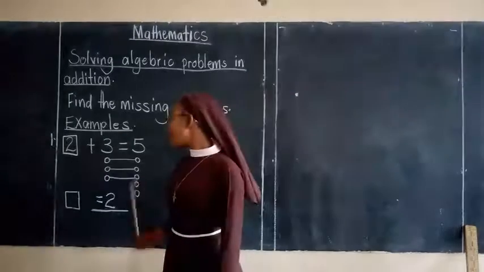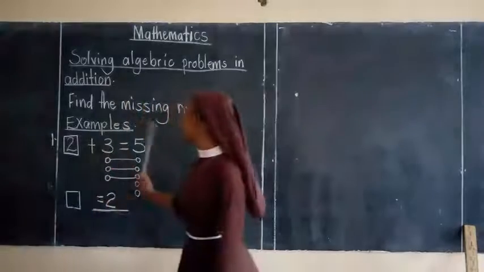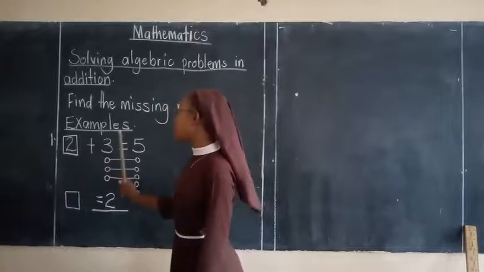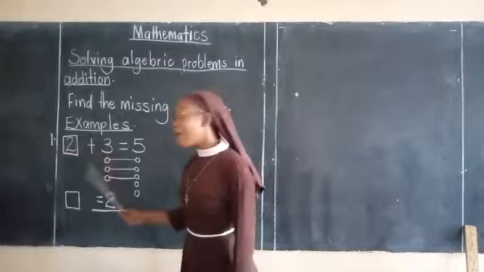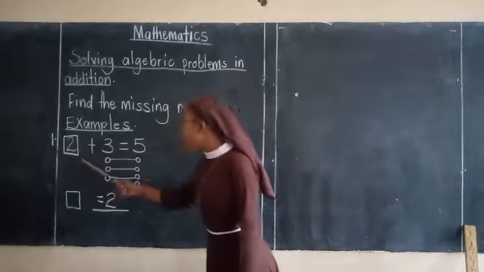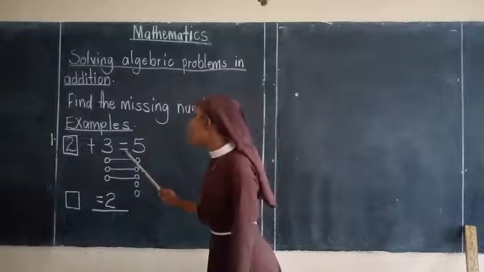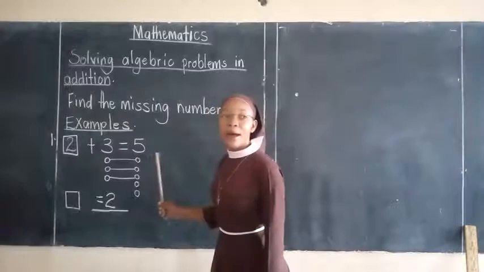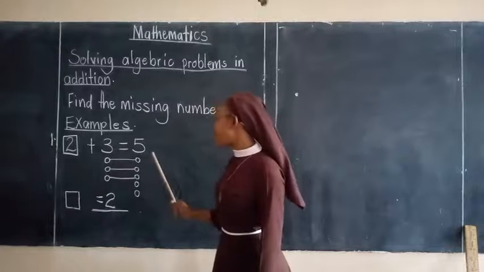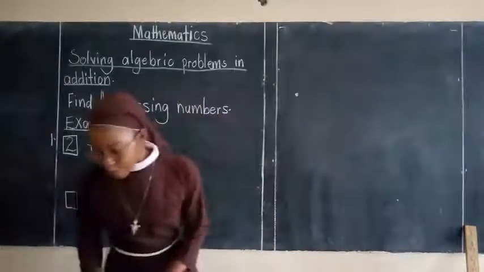Note, if we have been told to find the missing number in addition and we have not been given the first number, we subtract the smaller number from the bigger number, as we've seen in our example. Let's have example 2.